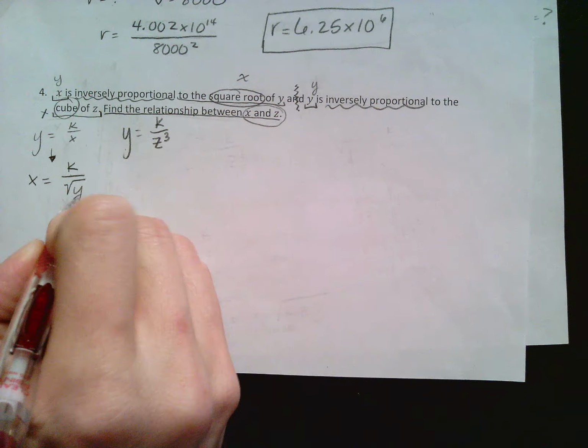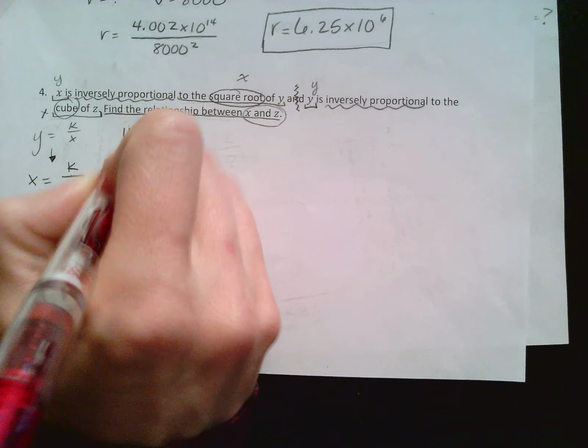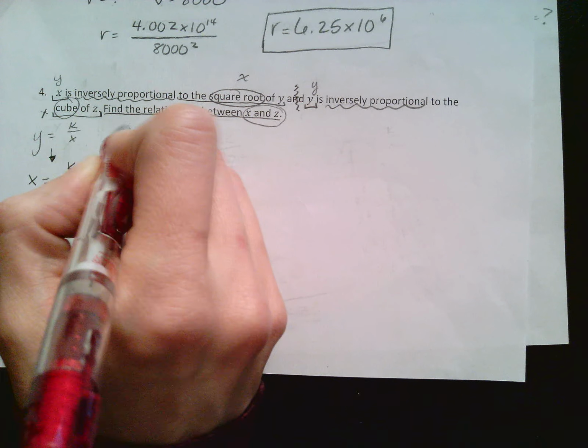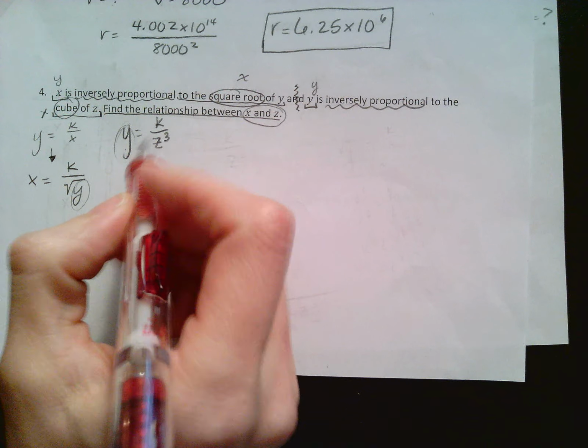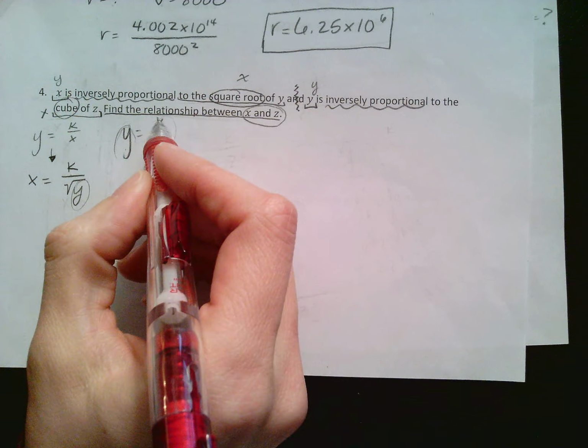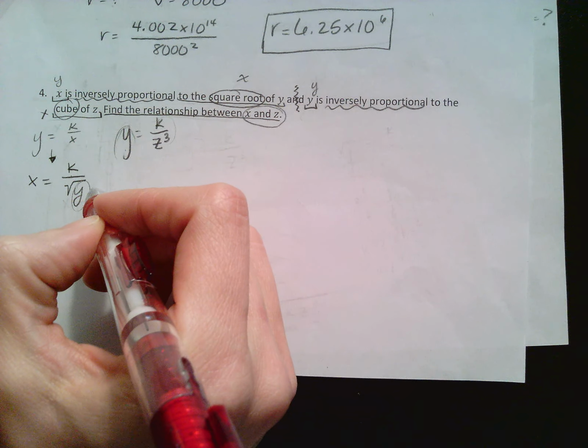And thank goodness we have this bridge between the two equations. We have this y piece here and this y piece here. And since it's already isolated, I know I'm going to be able to plug this piece in for y like it's a puzzle piece, right?